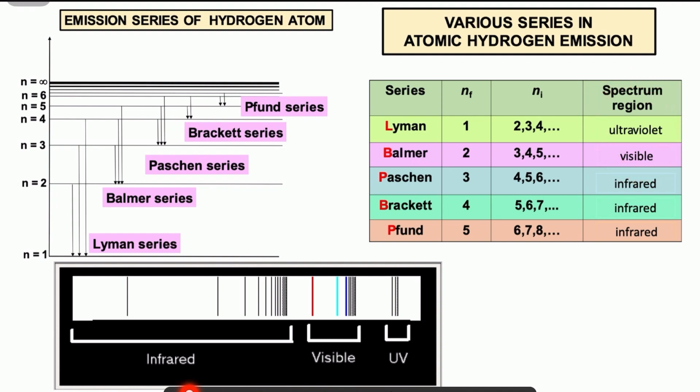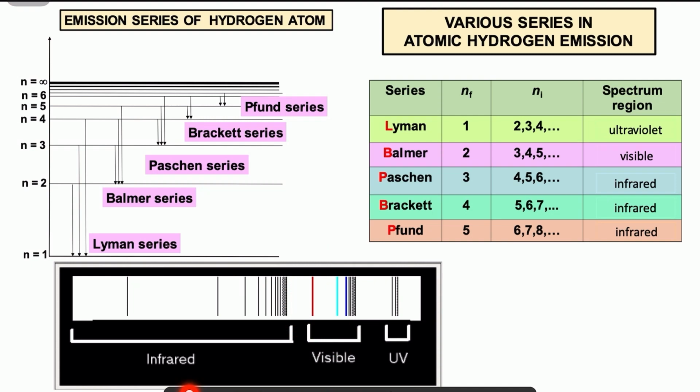The Balmer series is in the visible region, so you can see the color of the lines, just like this one. Compared to the others, which only have black lines, only the Balmer series has color because it is in the visible region.